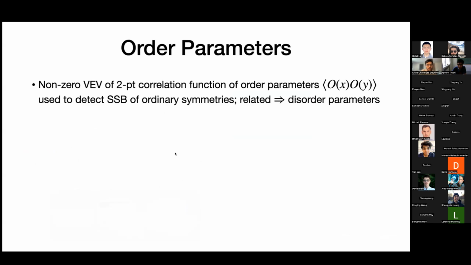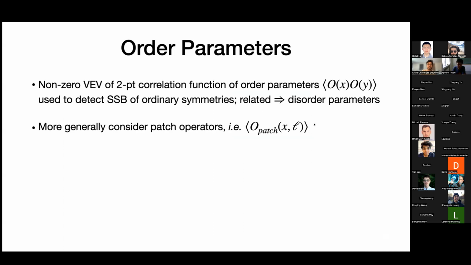We also discuss order parameters in our paper. For ordinary symmetries, you could compute 2-point functions of order parameters, which are local operators, and they detect SSB phases. There's also a related notion of a disorder parameter, which comes from restricting the symmetry operator to a patch. More generally, you can consider these patch operators.